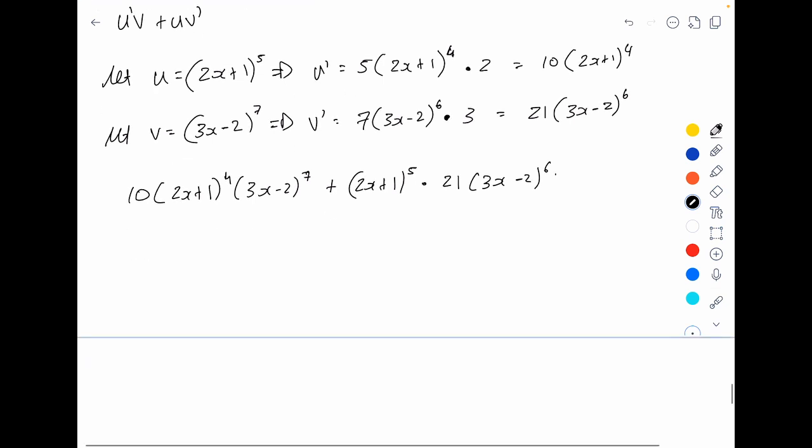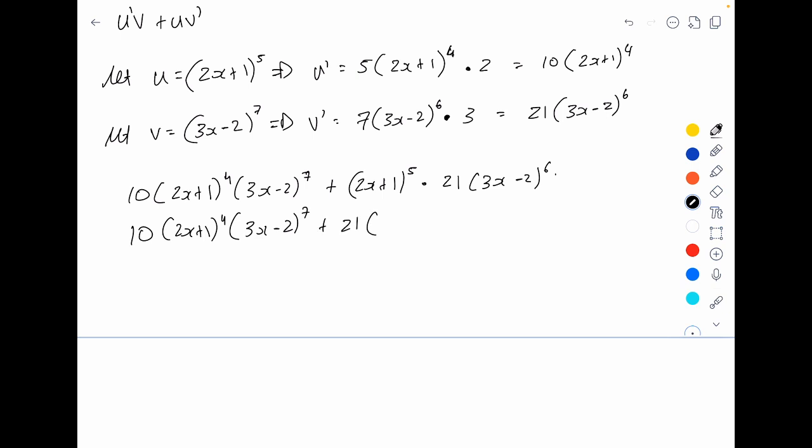And so from here, we've got a scenario where we can say, okay, look, let's put this all together. So 10, 2x plus 1 to the 4, 3x minus 2 to the 7, 21, 3x minus 2 to the 6, and 2x plus 1 to the 5.